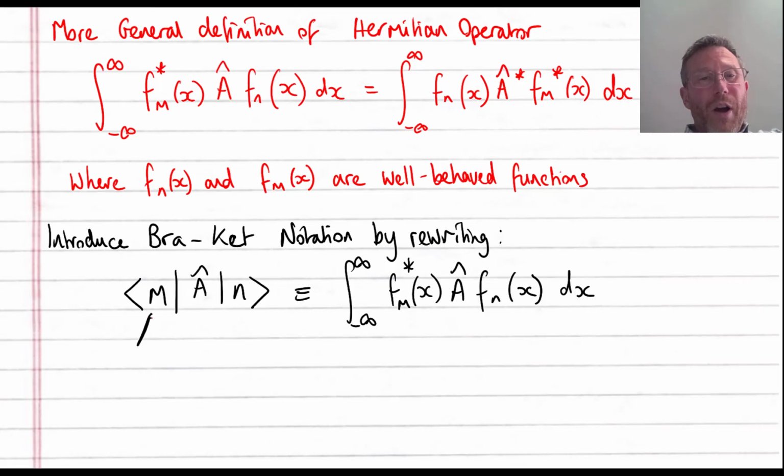So this we call the bra, and here we call the ket. And of course, we're just introducing this right now, so we'll see more of this bra-ket notation later on. I'm just planting another seed.